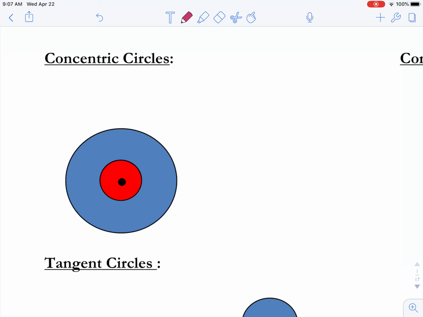Some other important things. Our first one is concentric circles. Okay, these are coplanar, meaning on the same plane, coplanar circles.